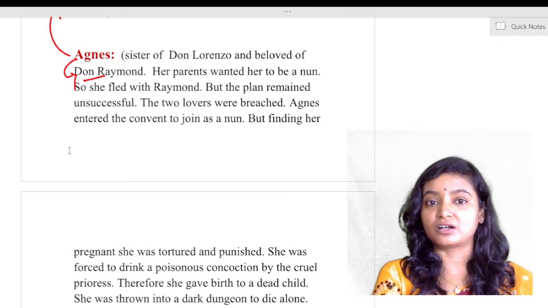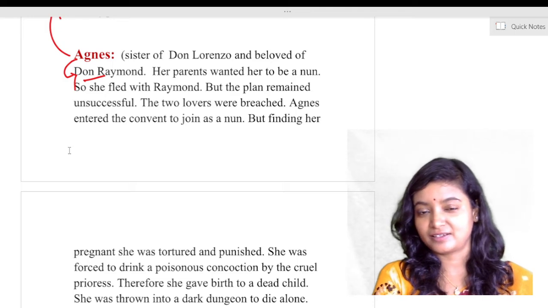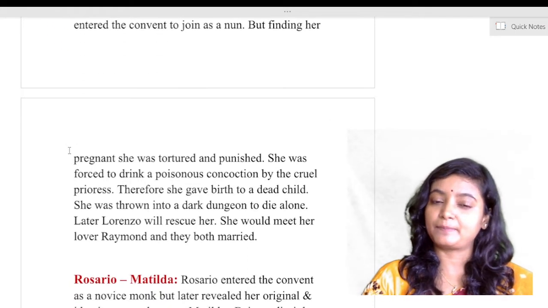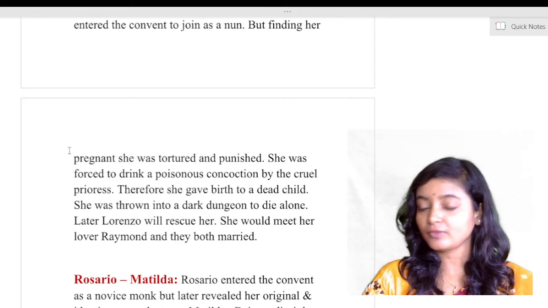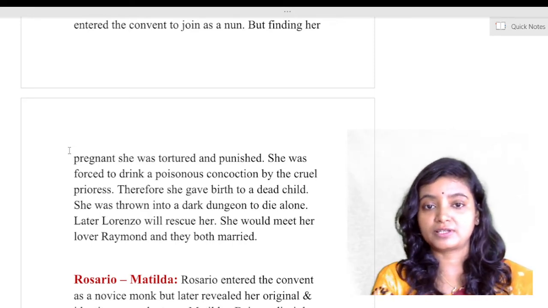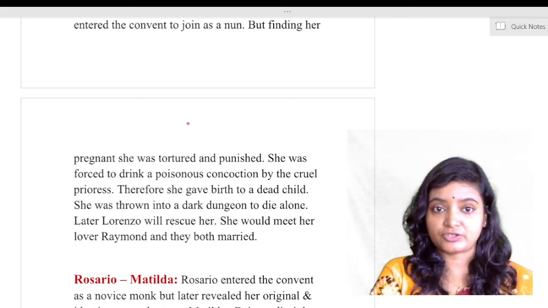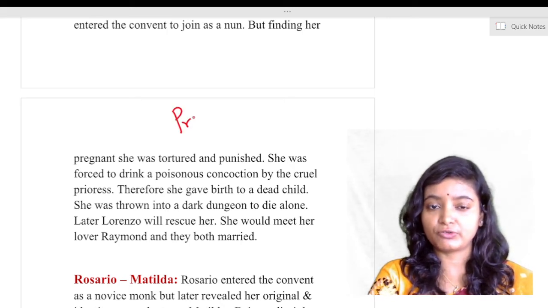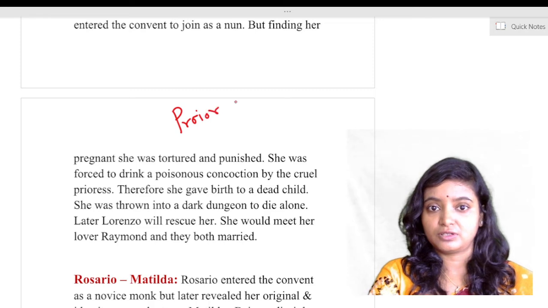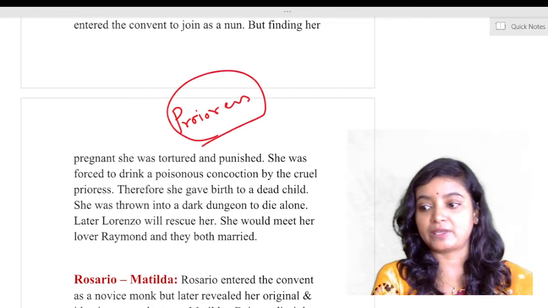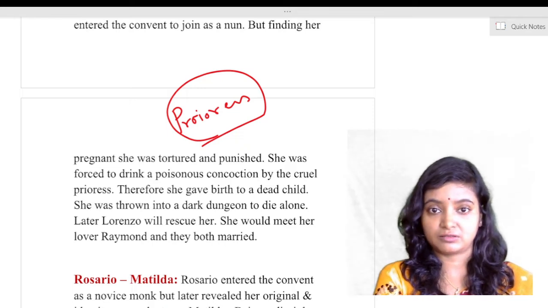Agnes entered the convent to join as a nun, but finding her pregnant, she was tortured and punished by the prioress, a cruel lady. She poisoned her, and her baby was murdered.